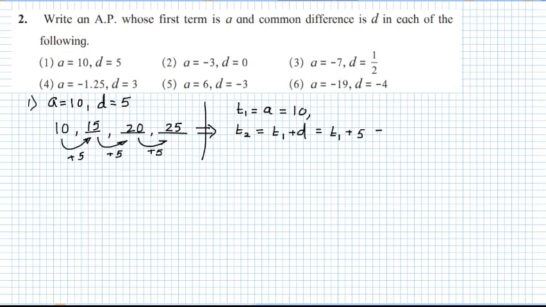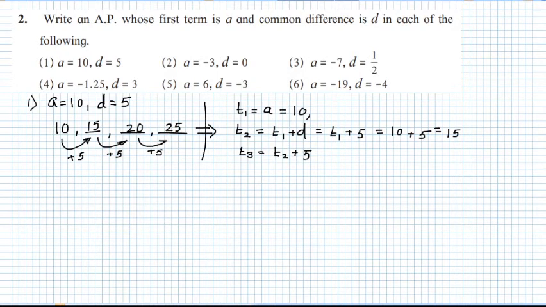What is T1 now? 10. So 10 plus 5. So that is how much now? That is 15. So I got my T2. Now I want my T3. So how do I find my T3 now? Tell me. T3 is simply what? T2 plus 5. Right? T2 plus 5, T2 plus D.